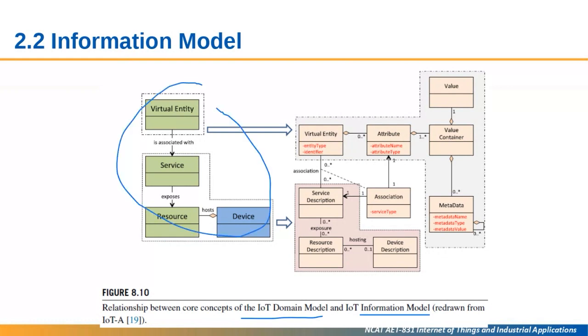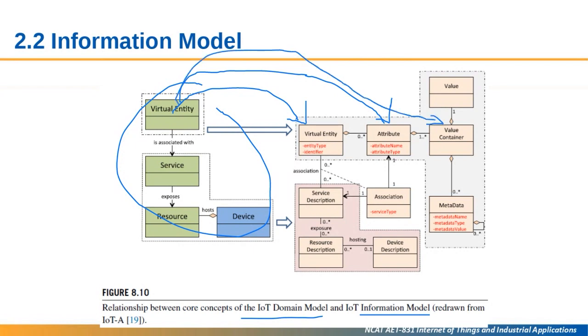Basically, the IoT domain model defines the main concepts. And for the information model, each concept brings in information and data. For example, the virtual entity is further separated into description attributes, value container, and metadata. Basically, this information and data are needed to describe a virtual entity.